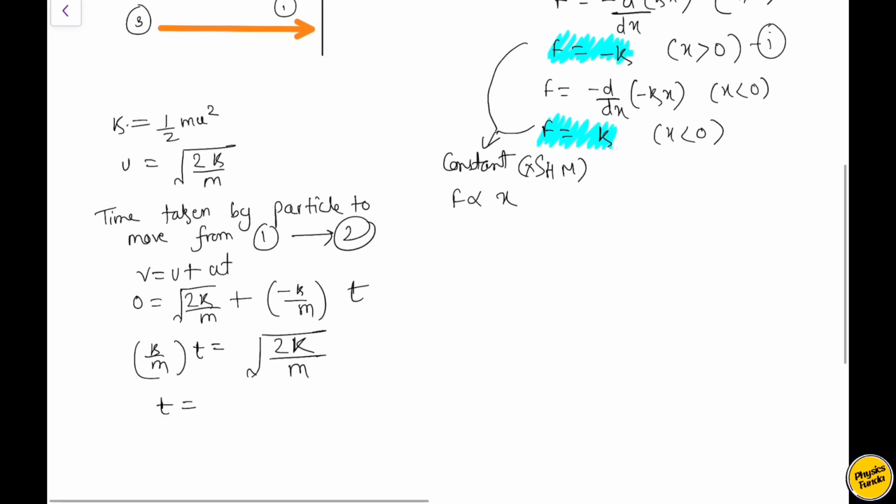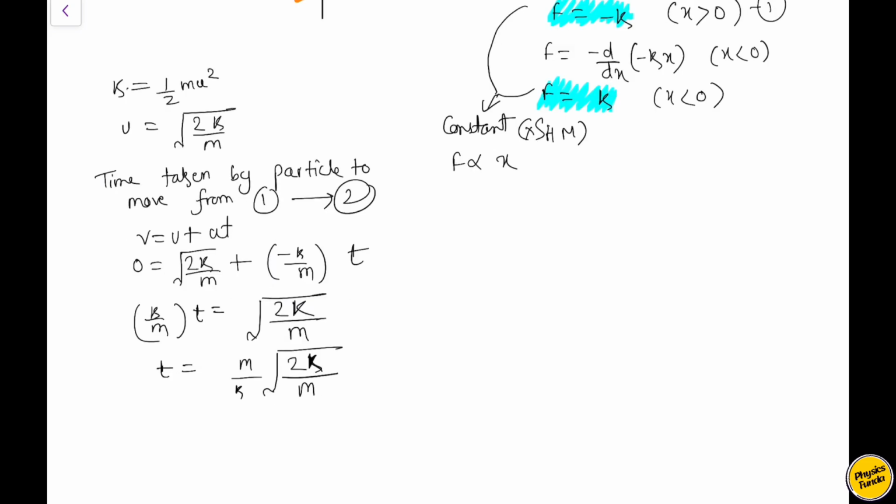So my t value is equal to m times 2 times square root of K upon m, upon small k. So this small t value can be written as square root of 2 times capital K into m, upon small k.